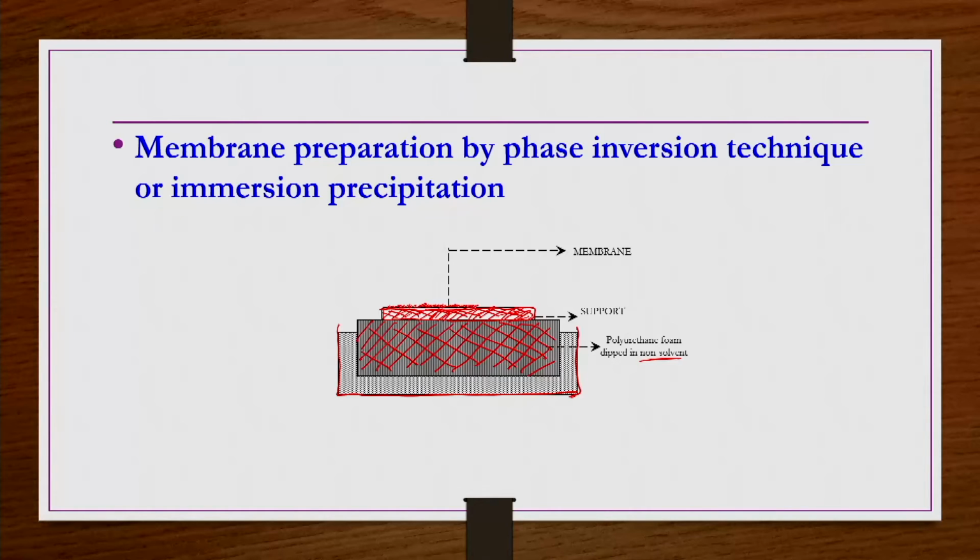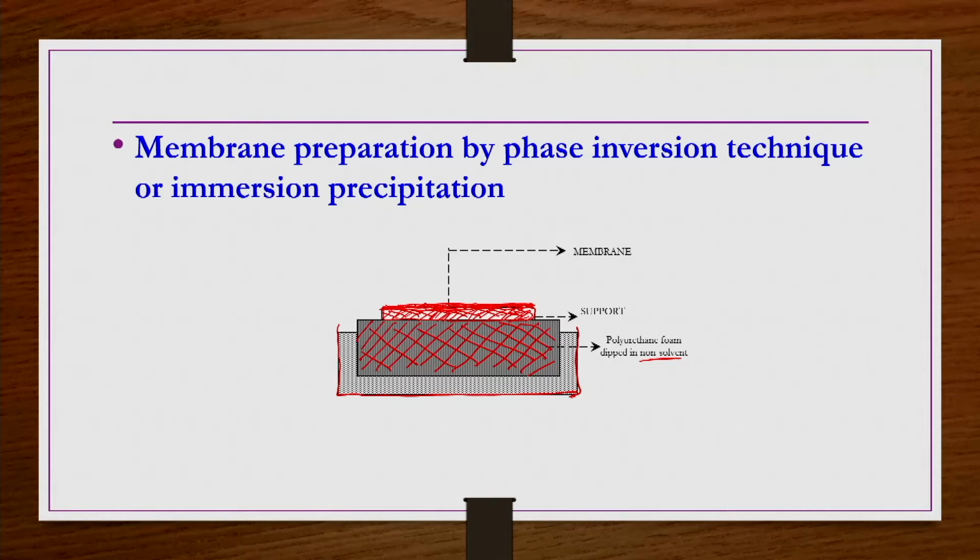You measure a definite amount as per the requirement of the thickness of the membrane as well as the porous structure of the membrane. That solution you pour on the surface and then spread it like this. After spreading it, you just leave it for air drying.